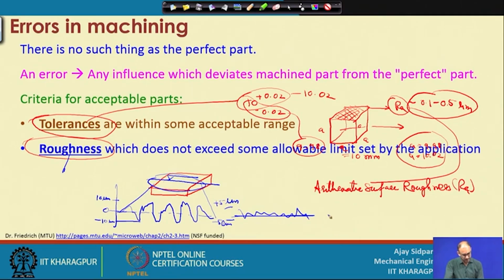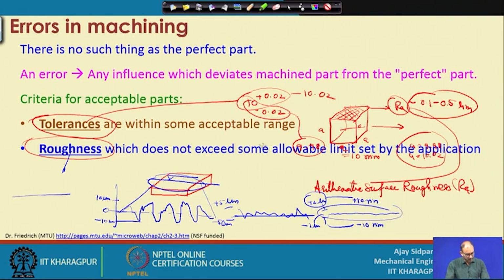You further polish it, then you will get a very small variation, maybe plus or minus 2 micron, and this may go to the nanometer range, tens of nanometer on the plus side and tens of nanometer on the negative side, but you always get some variation here. So, there is nothing like a straight line in roughness.